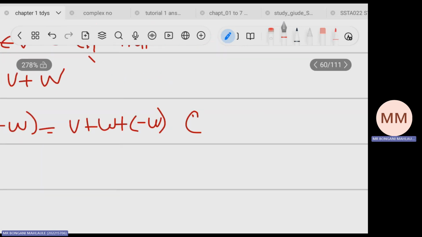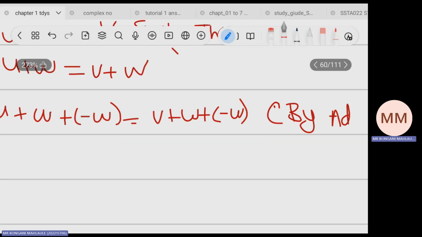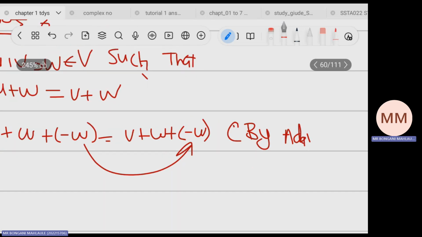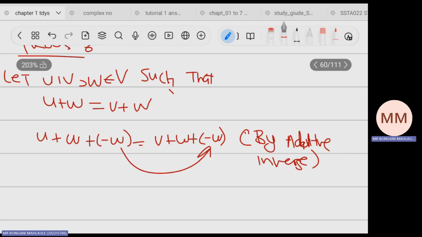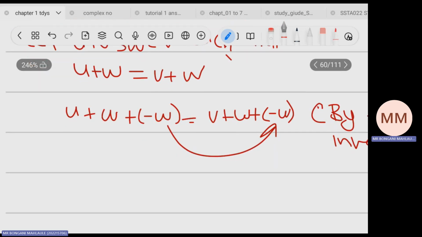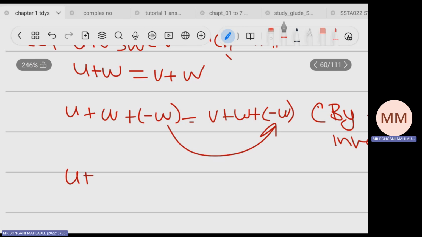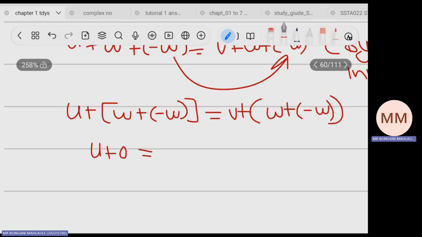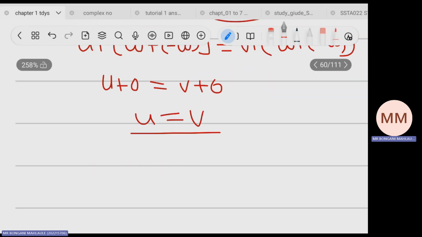I forgot how you write it, but you can write by additive inverse for now. Remember, if I take this to the right, it will give us 0. So this now will be u plus w plus negative w, equals v plus w plus negative w. Then this will be u plus 0, v plus 0, then u is equal to v. Then we are done.